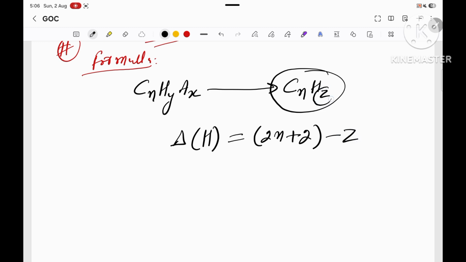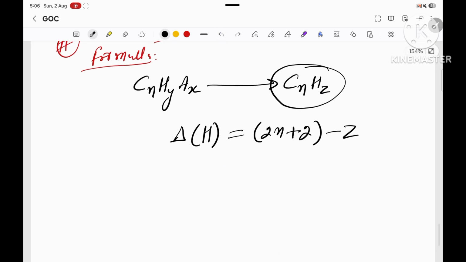We have to subtract this z from 2n plus 2. Like I told you, CnH2n plus 2 is the actual alkane-like structure. That's why we have to subtract this z from 2n plus 2.